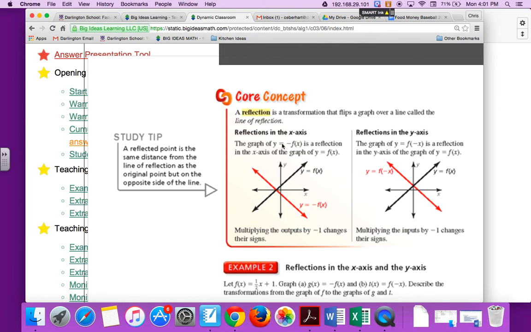So to summarize reflection, if you multiply all the outputs by negative 1, you're flipping over the x-axis, whereas if you multiply all the inputs by negative 1, you're reflecting over the y-axis. You can see how it looks. If you draw a line right through here, here's where it starts, but you can reflect it through the x-axis here, and then over here, you're going to reflect it over the y-axis.